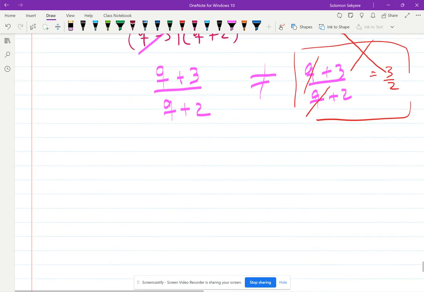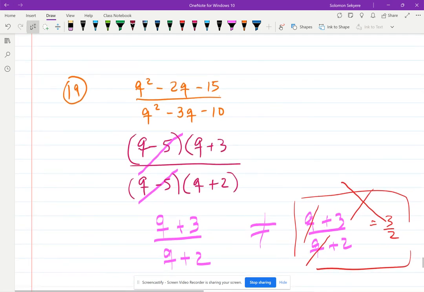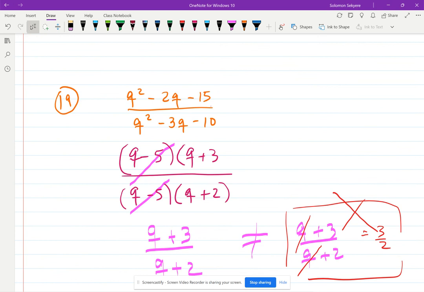And then the final two here, also I see students crossing out the q squared divided by q squared. You cannot do that. You have three terms on the top, three terms on the bottom. Factor it out first. Okay, because if you do that, then you're going to have minus 2q minus 15 over minus 3q minus 10.